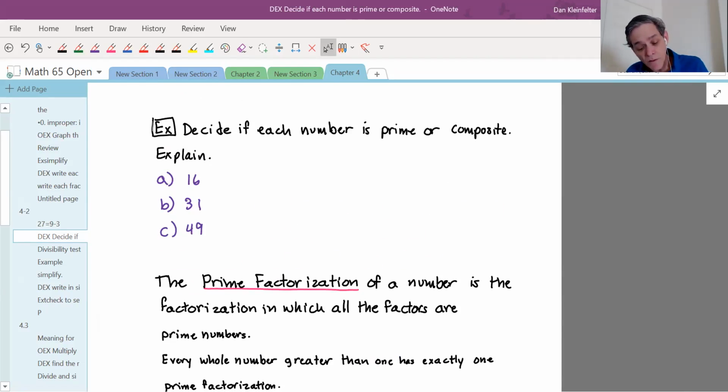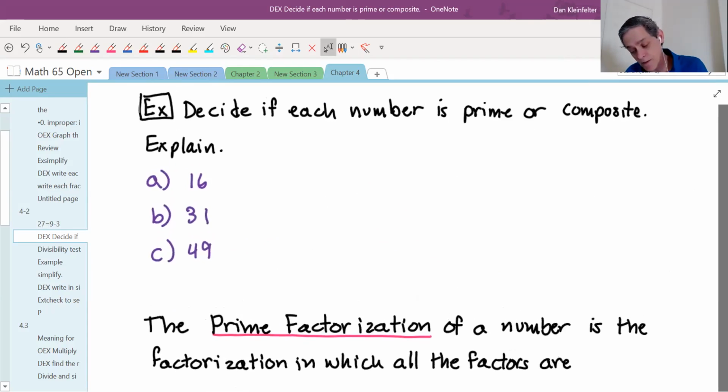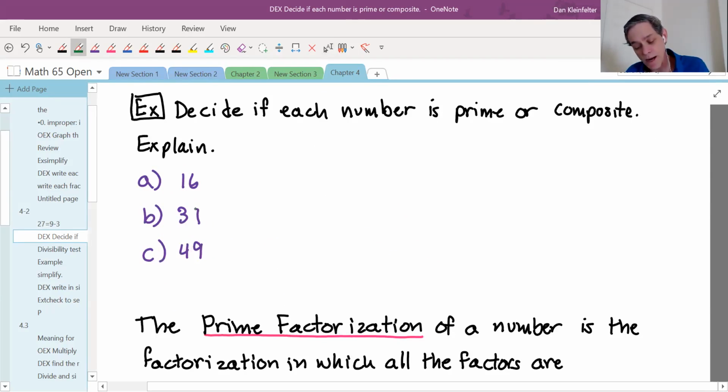For this next couple of examples, we just want to decide if each number is prime or composite and explain, by which we just mean tell how we made that decision. 16 is composite. An example would be that it is 8 times 2.